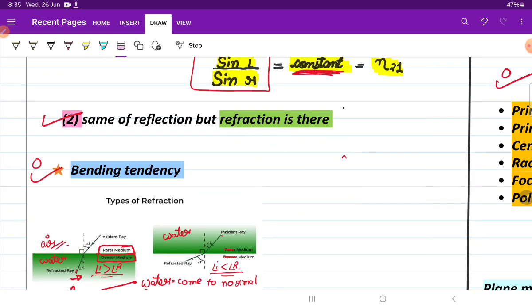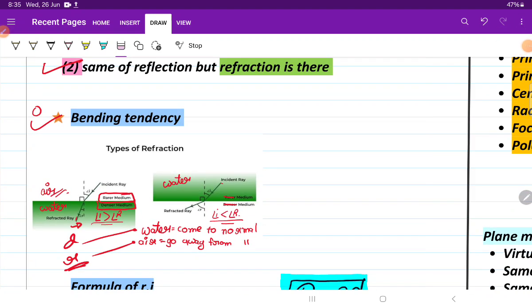Now let's start with the bending tendency. How can you know whether the light will bend towards the normal or go away from the normal? See students, light ray always goes away from the normal in the case of air, while it will always concentrate to the denser medium. For example, it will always concentrate to the water and come towards the normal.